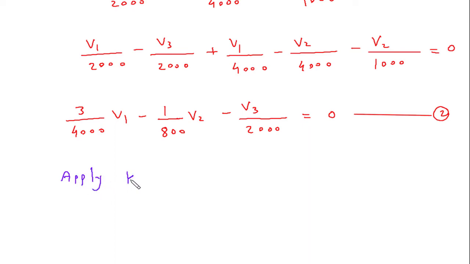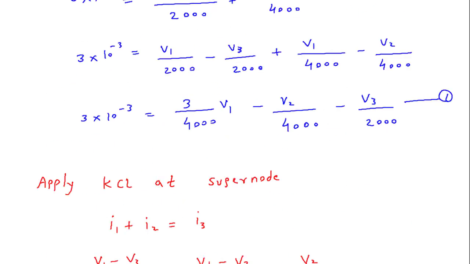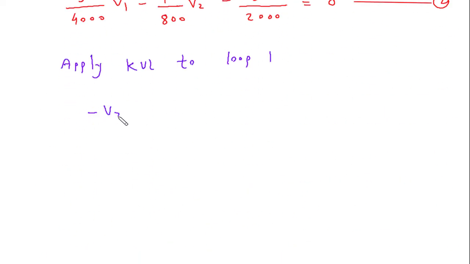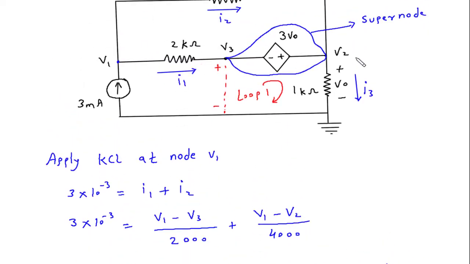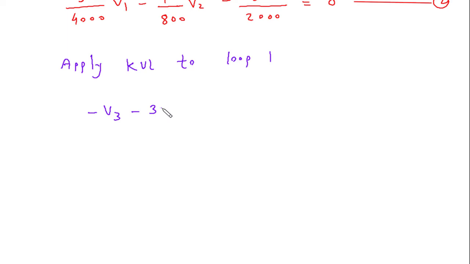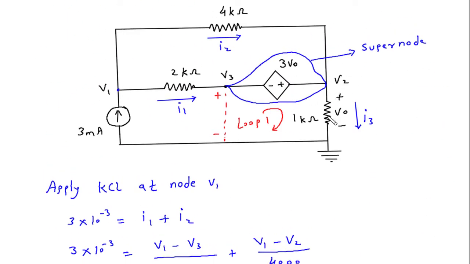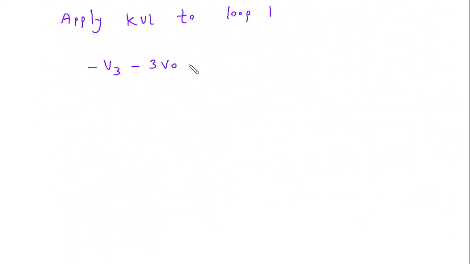Apply KVL to loop number 1. So this will be minus V3 minus 3VO plus V2 is equal to 0.